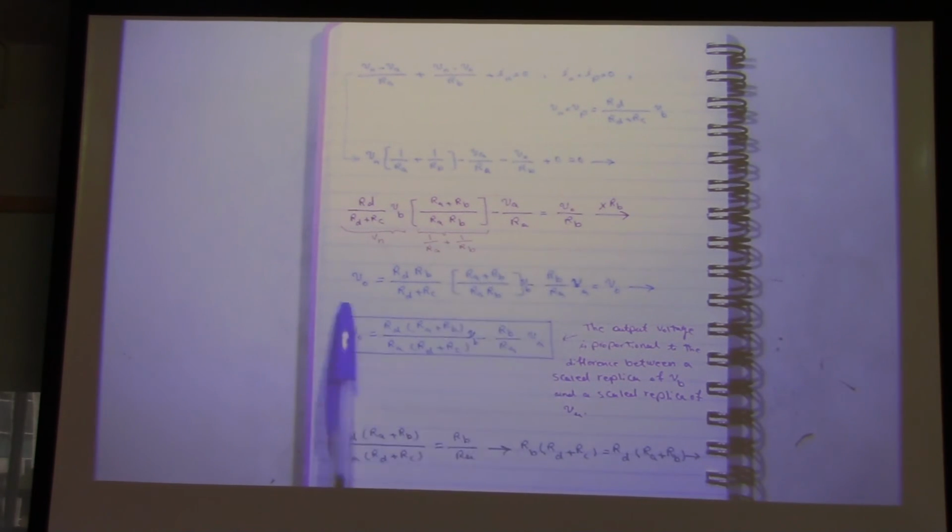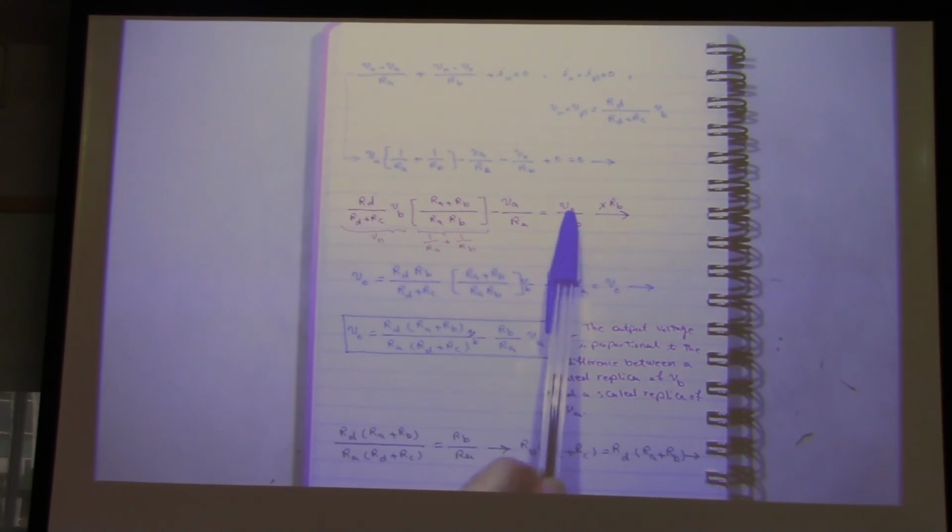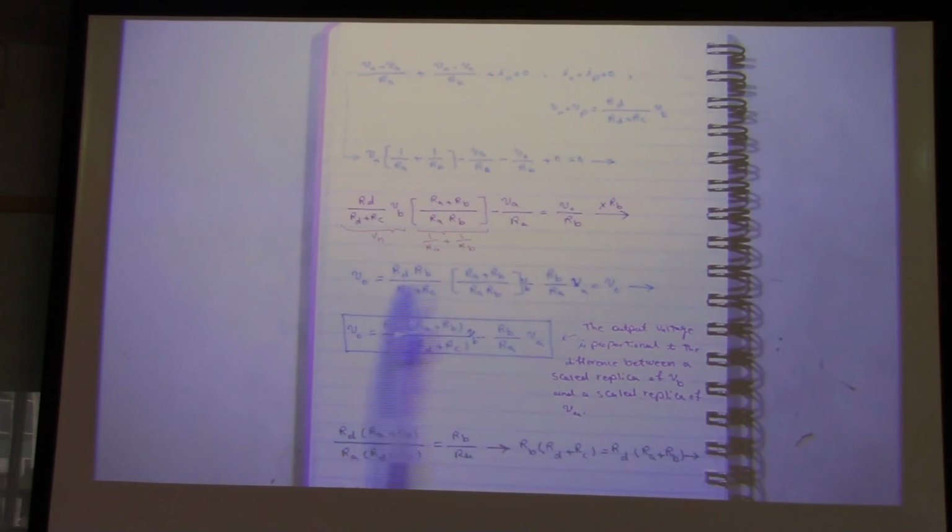I just rearrange it because I wanted to have Vout over here. You get something like this. Again, rearrange this equation, you get this one: some scaling factor times Vb minus some scaling factor times Va. That's why we call it the difference amplifier.